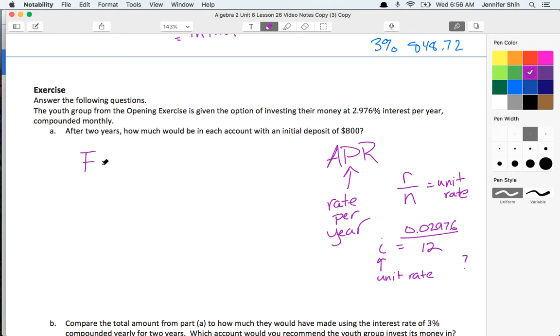Okay, so let's try this. Our funds are going to be our principal amount. That's our P value. We are increasing in our money, and our rate needs to be compounded monthly. That means we're going to do this 12 times. So that means the yearly rate, the APR, needs to be divided by 12.